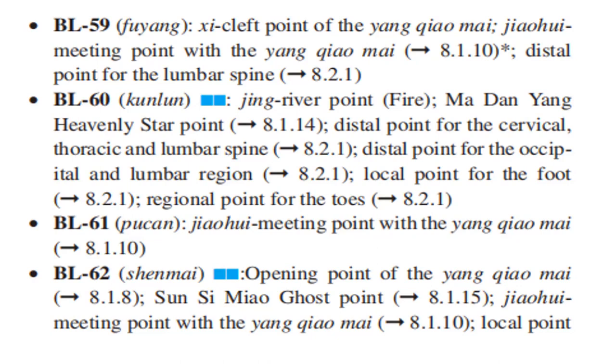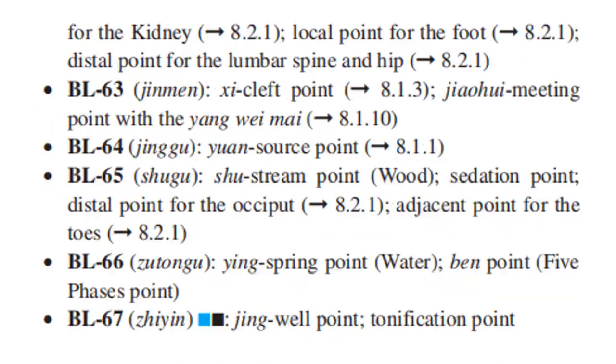Bladder 61 is the Yao Wei meeting point for the Yang Chiao Mai. Bladder 62, opening point for the Yang Chiao Mai, Sun Si Miao Ghost Point, Yao Wei meeting point for the Yang Chiao Mai, local point for the kidney, local point for the foot, distal point for the lumbar spine and hip.